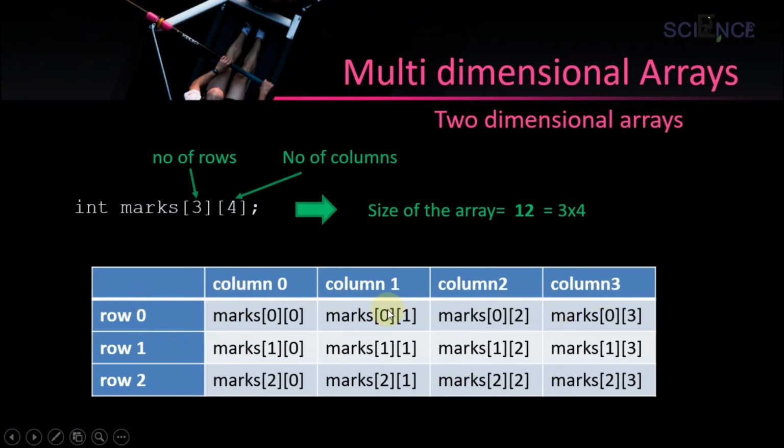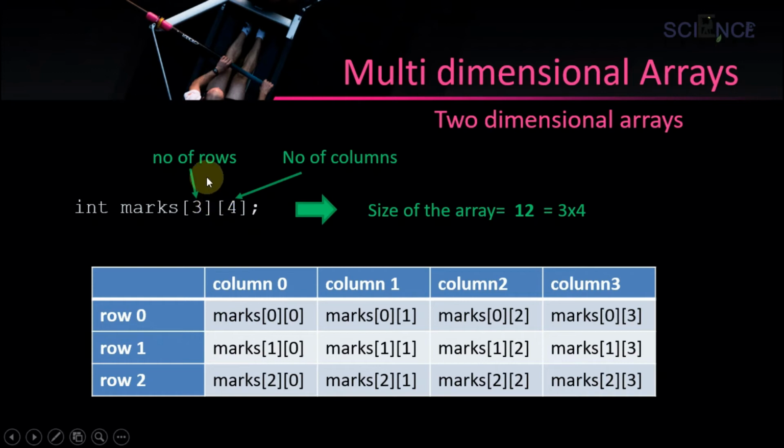There are rows and columns in a table, right? Likewise here we can consider the first square bracket as the number of rows and the second square bracket as the number of columns, right?